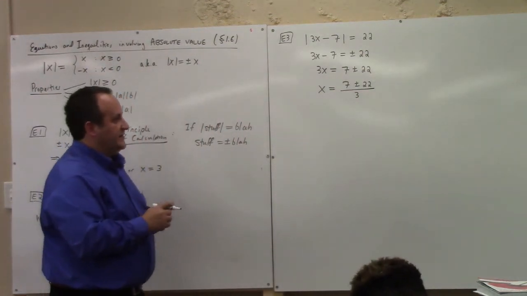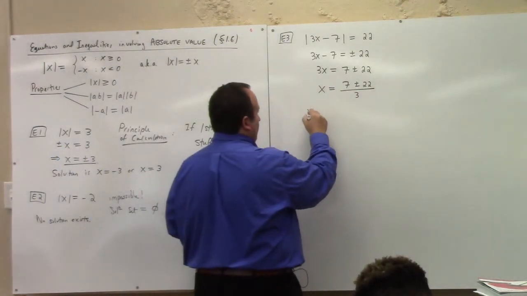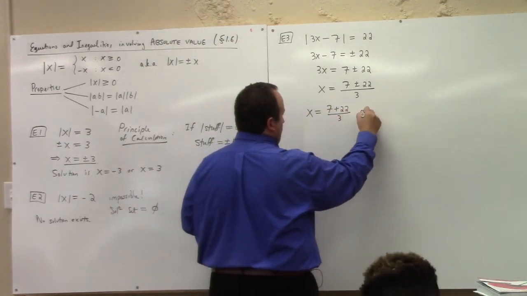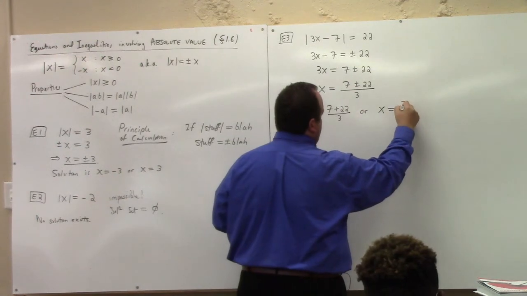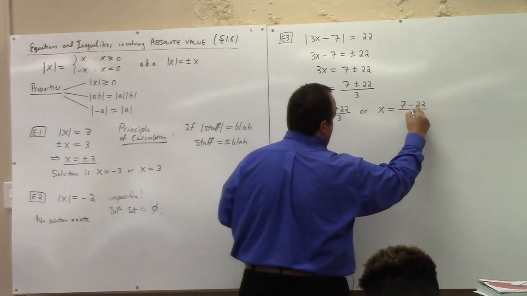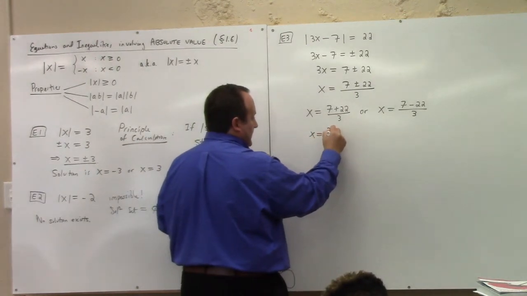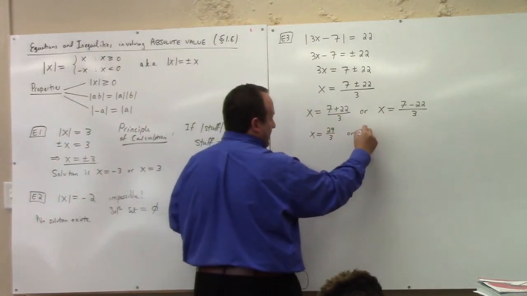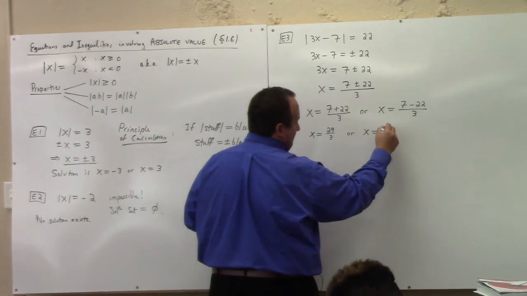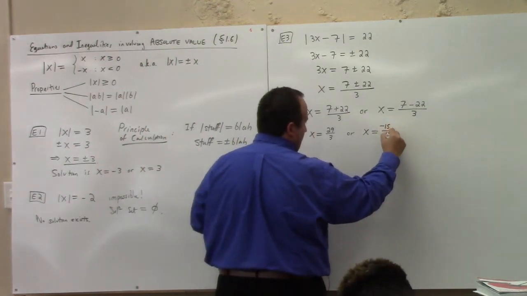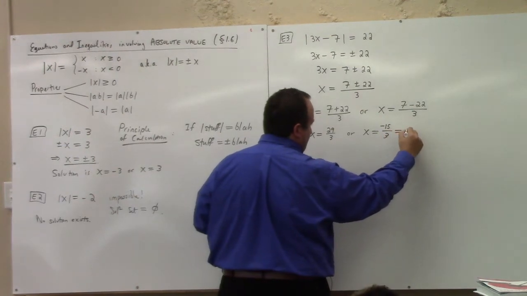So what does that mean? x is equal to 7 plus 22 over 3, or x is equal to 7 minus 22 over 3. To simplify that, x is equal to 29 thirds, or x is equal to minus 15 thirds, which I guess we could simplify. That's minus 5.